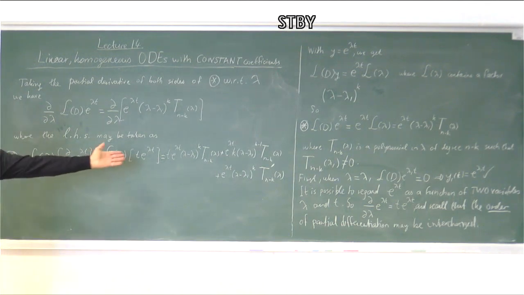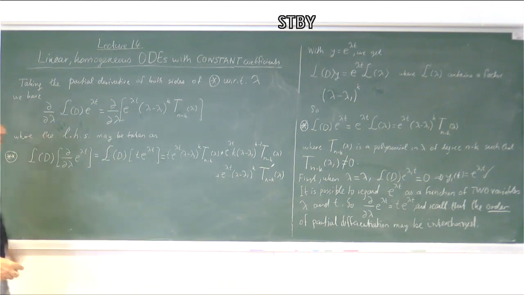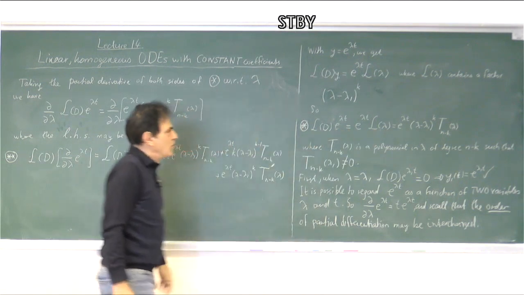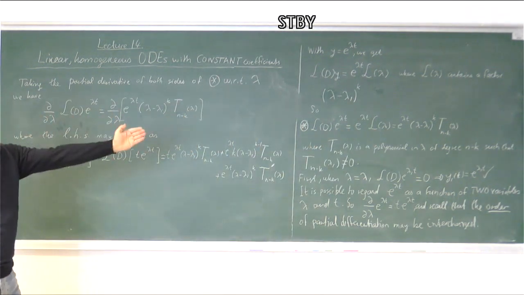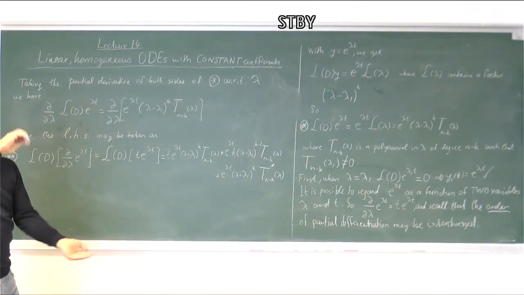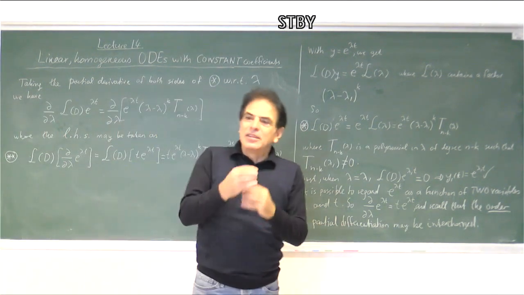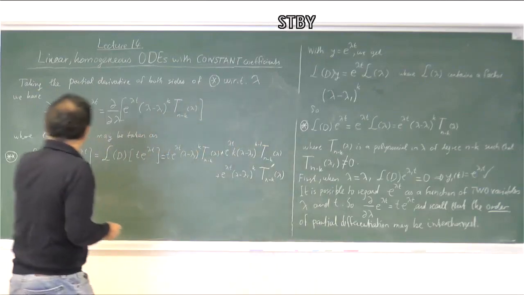Now we get this result on taking the partial derivative of both. This is an identity. So we take the partial derivative of both sides with respect to lambda and use the fact that the partial differentiation may be interchanged, and we get this result.